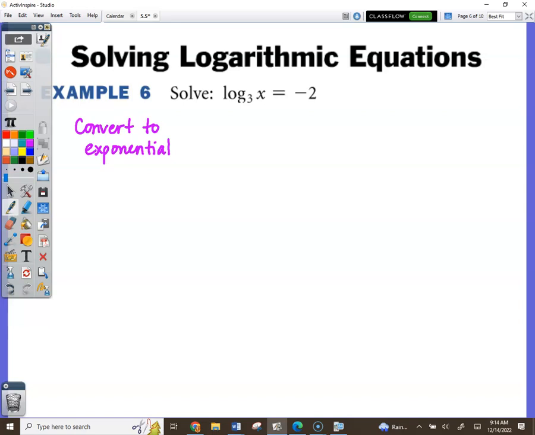What did you say? Change it to a fraction. So the base of the log is the base of the exponent, and the other two switch. And then 3 to the negative 2 power. Remember, the negative means you're moving it to the bottom.